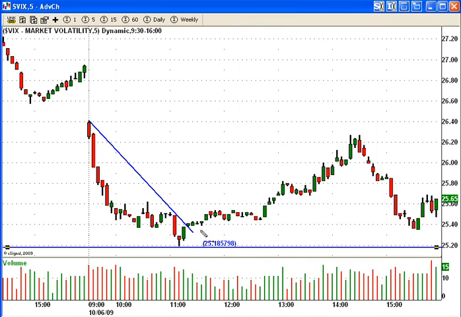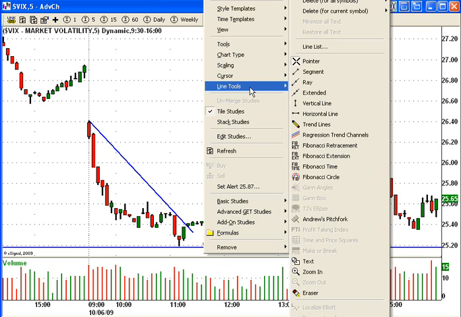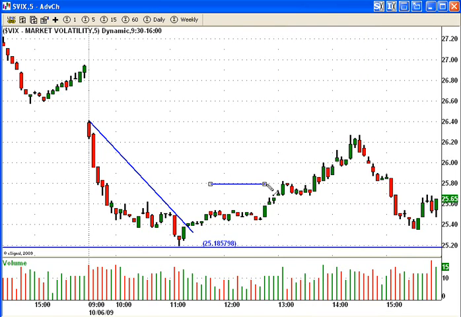Here is where we actually break the trend line of this downtrending VIX, which means buying pressure. Now, what's interesting is we end up, let me draw another line here, we end up with this. This is where the downtrend in the VIX breaks and rallies to and goes sideways.